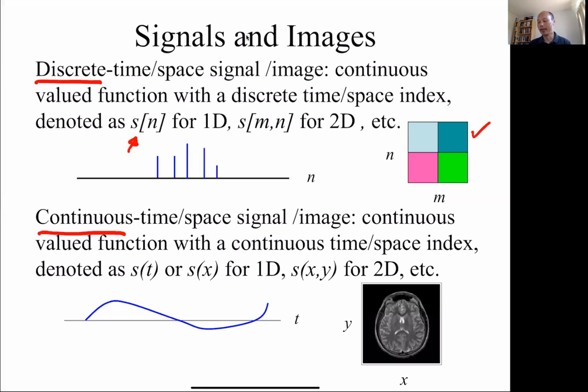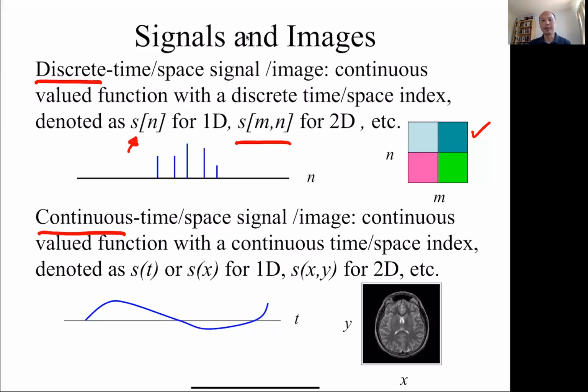S bracket n would be a one-dimensional signal, and S bracket m, n would be two-dimensional, where m and n are integer values. So we can describe our image by indexing through integer values. Whenever you see S bracket something with what looks like integers, you know you're dealing with a discrete signal.